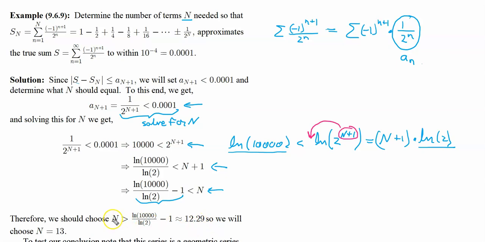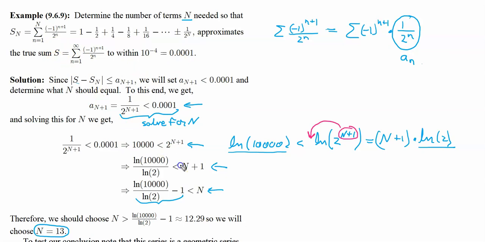So we should choose capital N to be larger than 12.29, and so we can pick n to be 13. So 13 or larger will guarantee that the nth partial sum is within 0.0001 of the actual solution S.